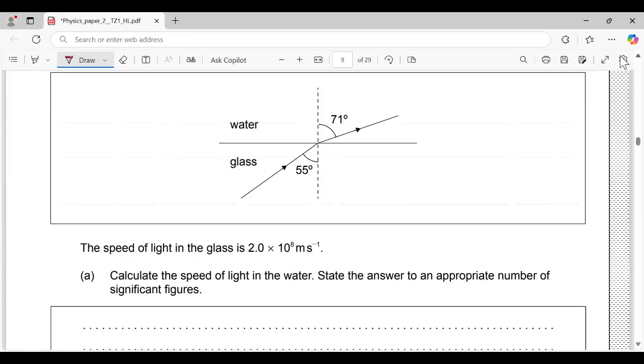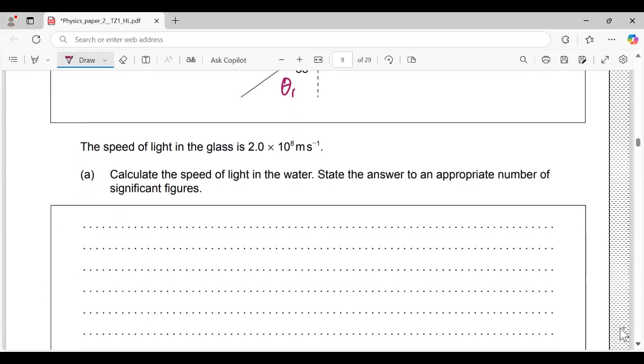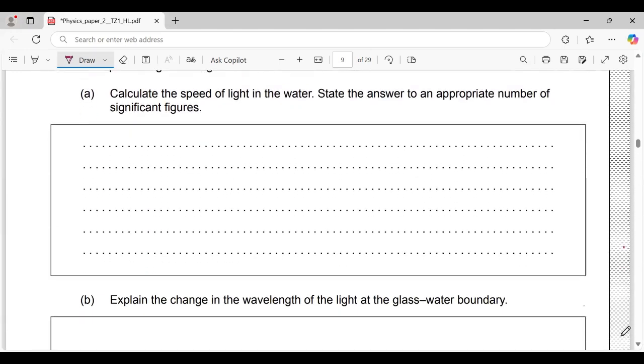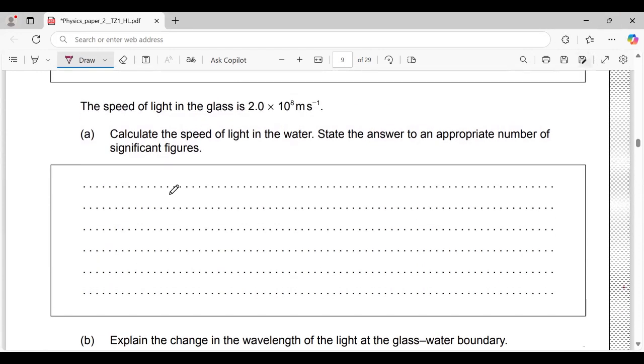Okay, so this is theta 1, the first angle, and this is theta 2, the second angle. Theta 1 is in glass, while theta 2 is in the water medium. And V1, the speed of light in the glass, is this one.